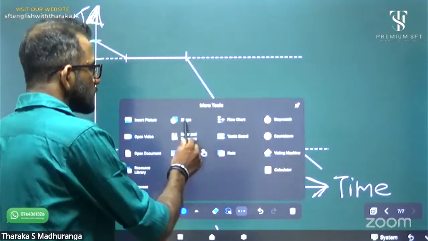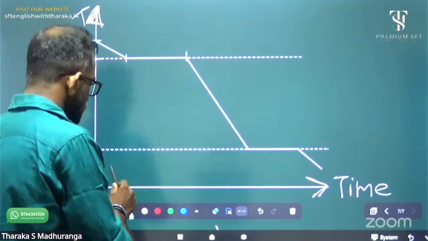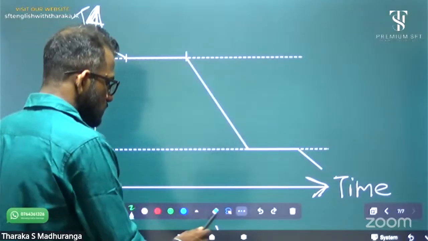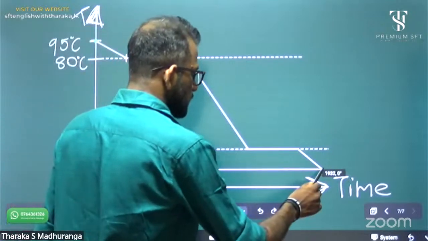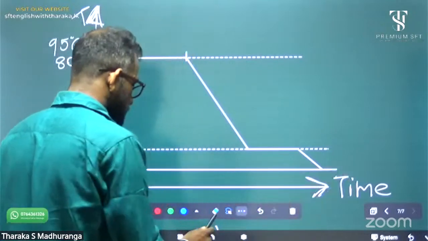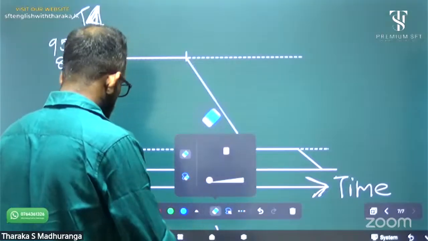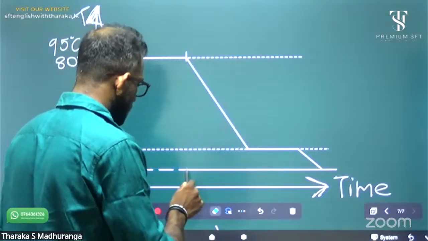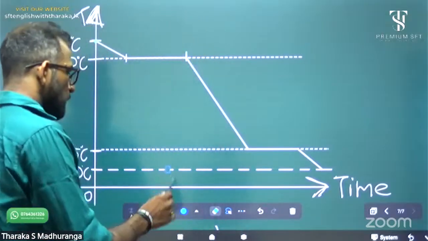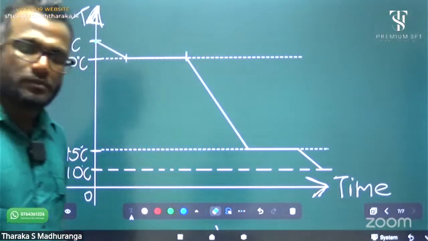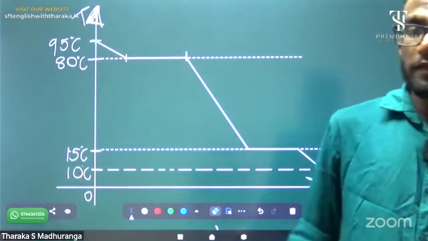Okay, that's the actual journey. This is the thermal curve.